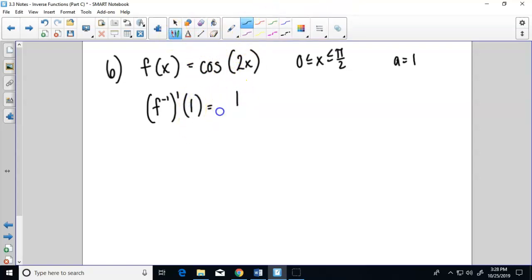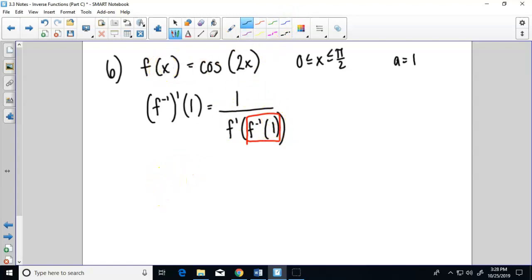So that means we got to do 1 over f prime of f inverse of 1. So we're going to start with this f inverse of 1. So we've got 1 is the x for our inverse, which means it's a y for our original.